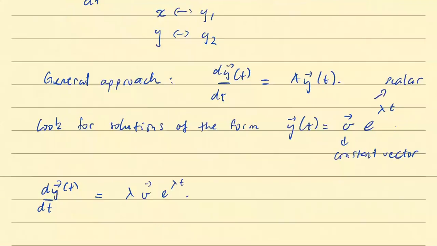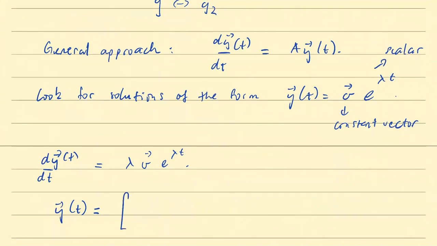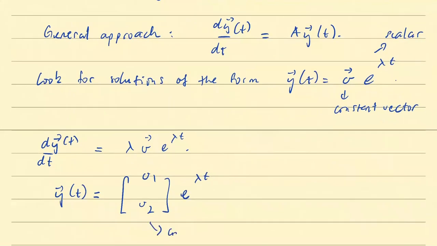Now, if you are not very visual, what I'm writing is something like this too, if you want. You look for a solution of this form, where v1, v2 are constants. So v1, v2 here is exactly what I mean by the vector v.